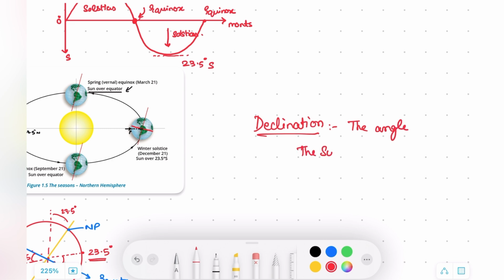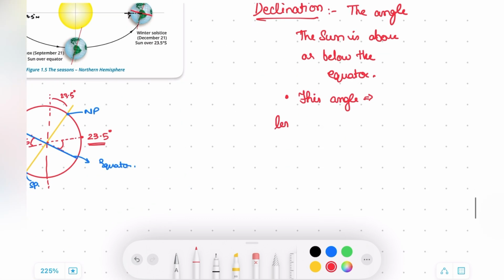It is this angle that decides the length of day versus night, right? It is this angle that decides the length of the day versus night.